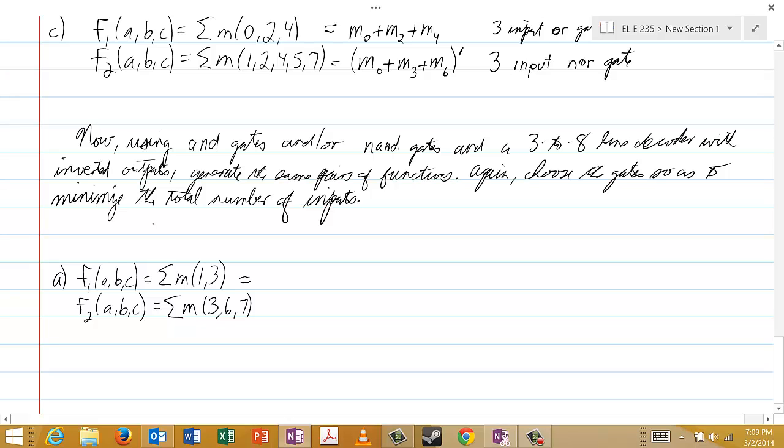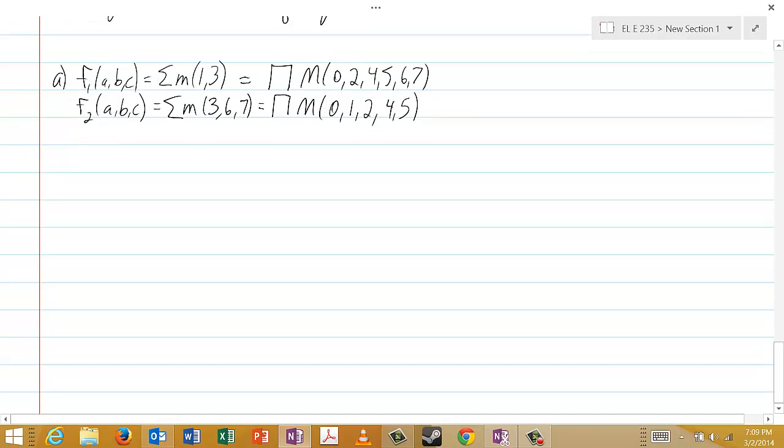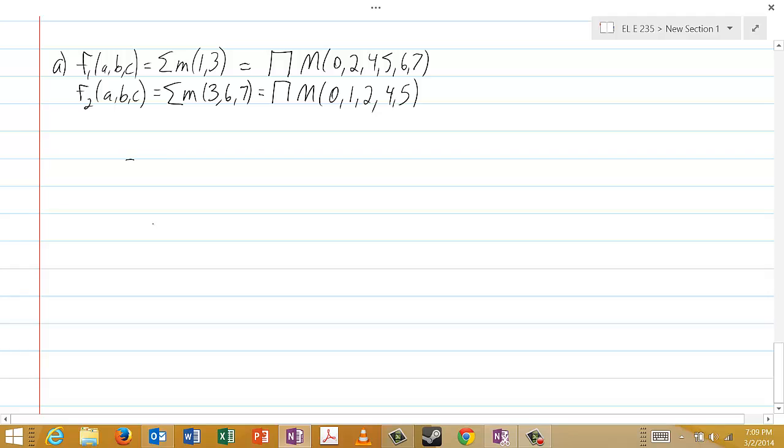If we do that, then the first function is the product of the max terms 0, 2, 4, 5, 6, and 7. And the second function is the product of the max terms 0, 1, 2, 4, and 5. Now we draw our decoder with inverted outputs.